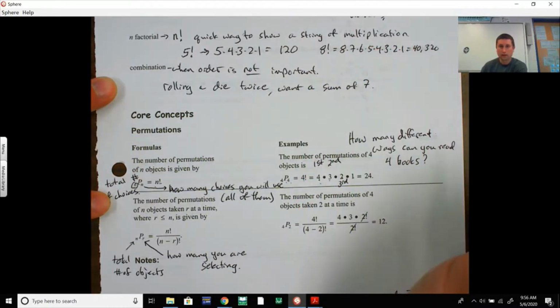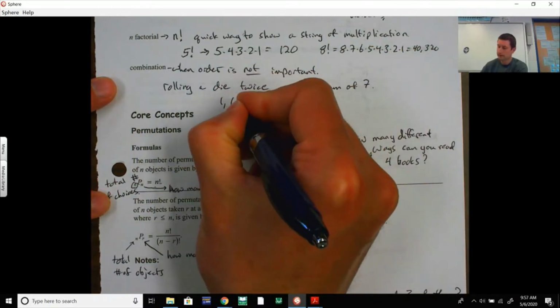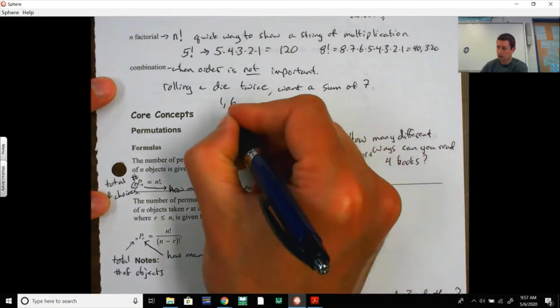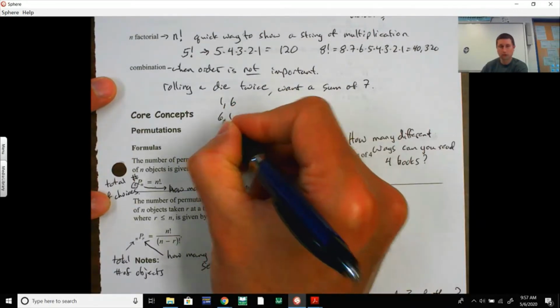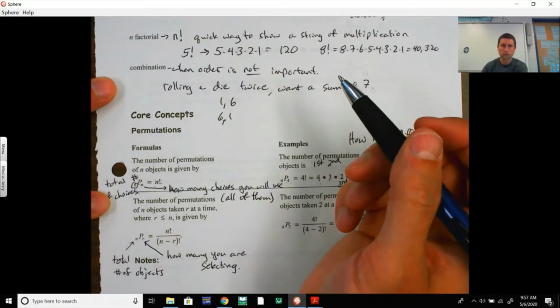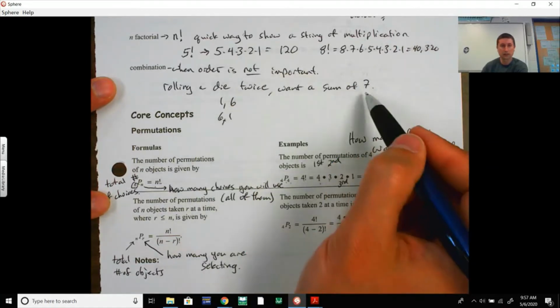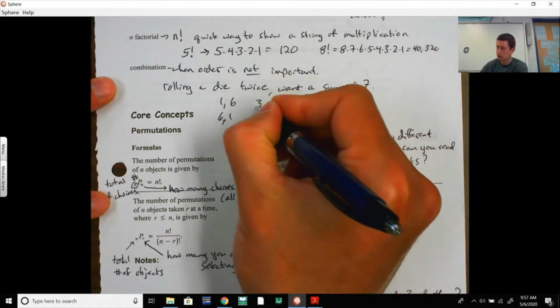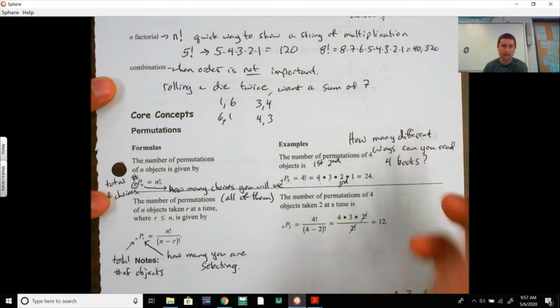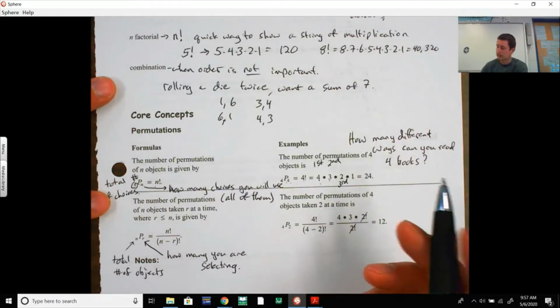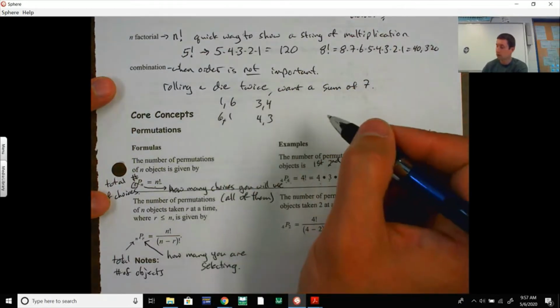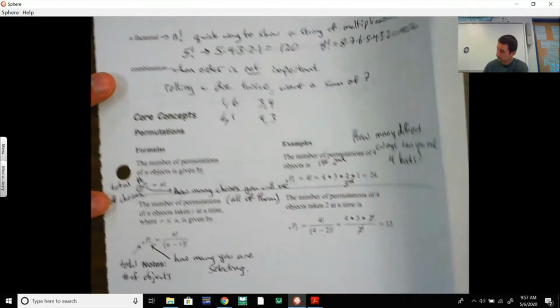Does the order in which you roll the numbers matter? If you roll a 1 and then a 6, or a 6 and then a 1, does it matter whether the 1 comes first or the 6 comes first? No. What's really important is we want a sum of 7. Whether you do a 3 and a 4 or a 4 and a 3, it's still going to be 7 no matter what order. So the order does not matter there.